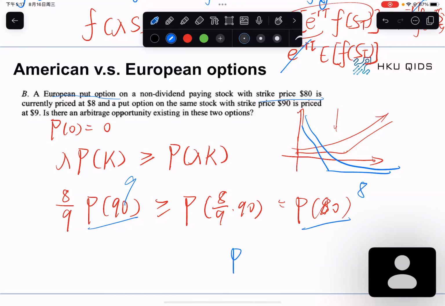And the price of this strike price 80 put is overpriced, because this should be strictly larger.